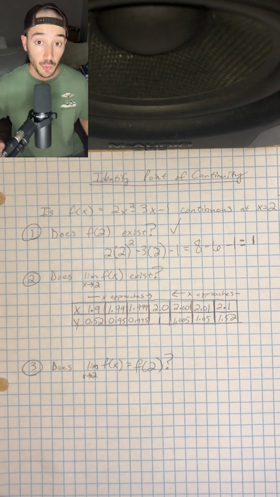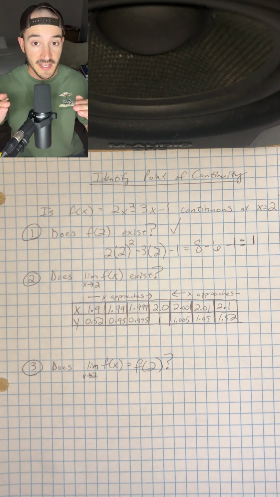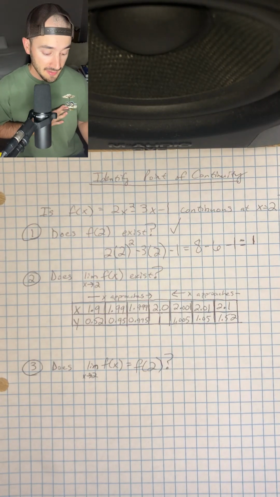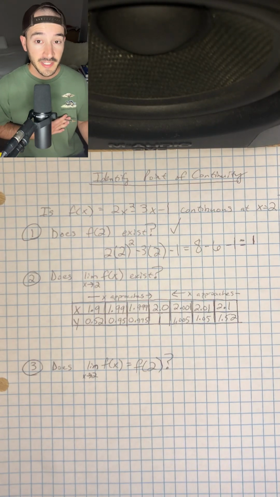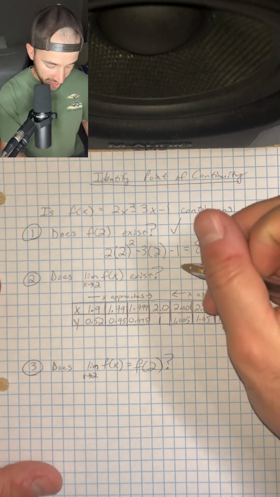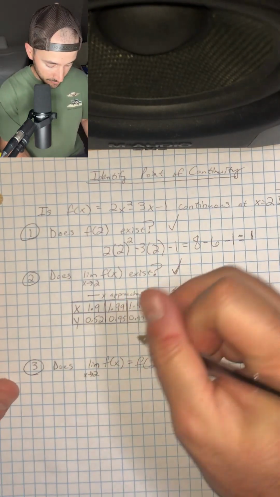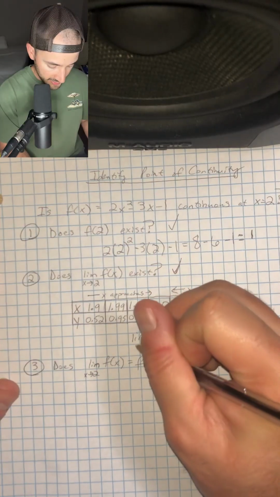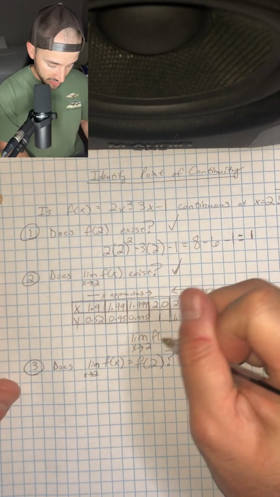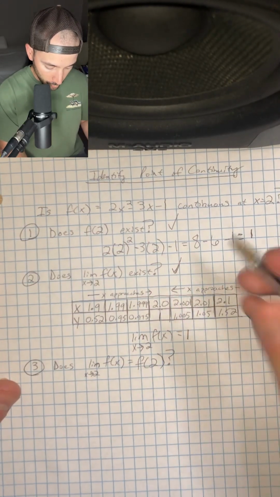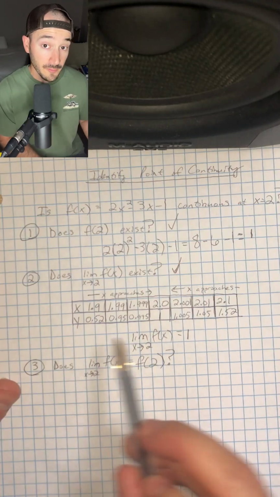So again, we're getting really close to positive 1 from both sides, which tells me that this is looking good. It's probably going to end up being continuous, but for now, we're just going to put a check mark. The limit does exist, and we can even write the limit as x approaches 2 of f(x) is equal to 1, because we approach 1 from both sides.